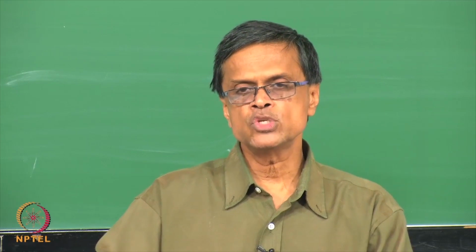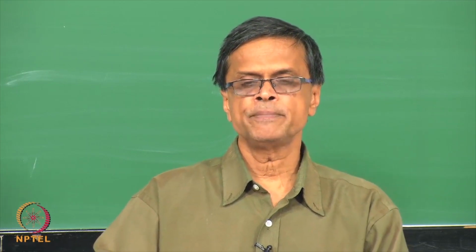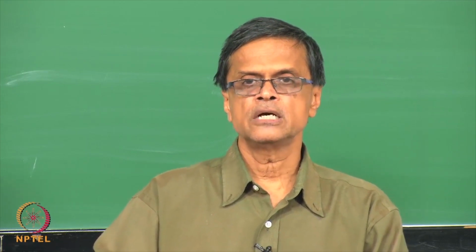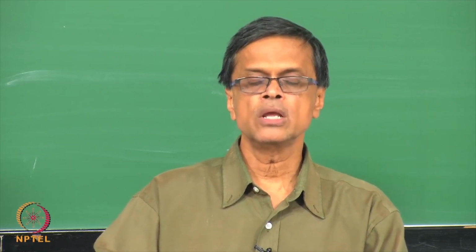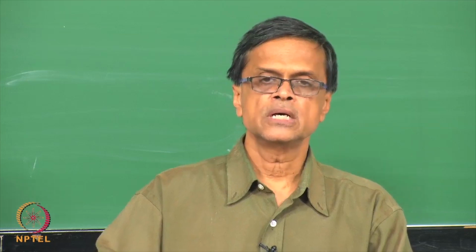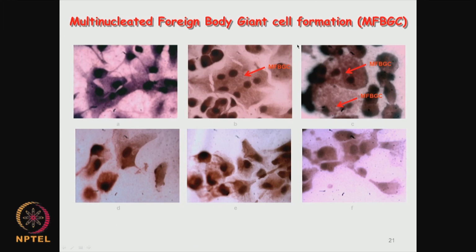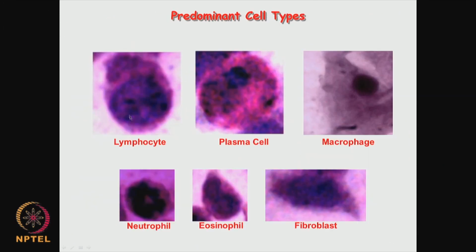Then we also have the immune system response, then we have the inflammatory response. The inflammatory response also is useful for the wound healing process. During that process, different types of cells form, like the foreign body giant cells, and we are able to see fibroblasts, macrophages, plasma cells, eosinophils, neutrophils, lymphocytes, and so on.